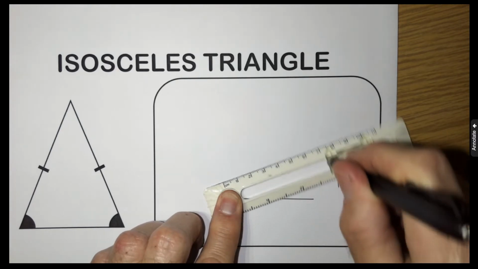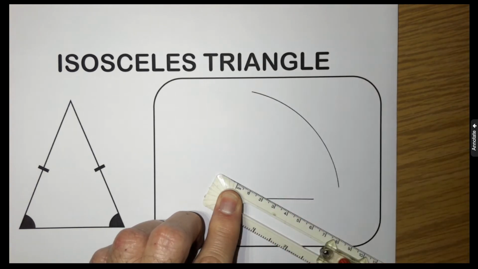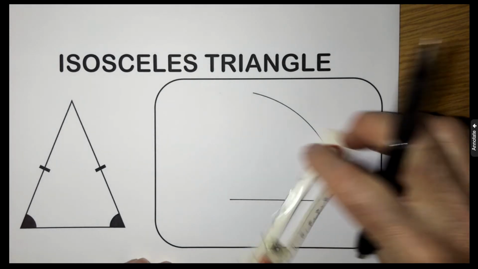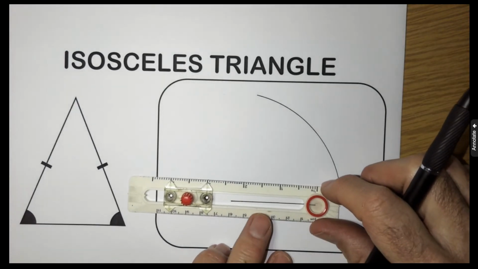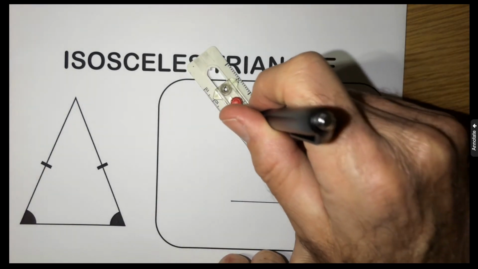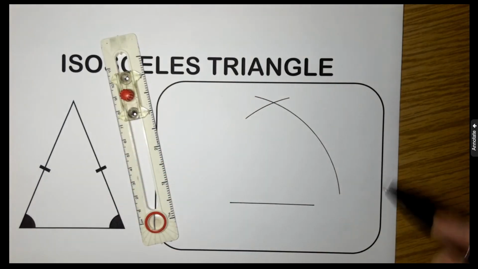So I have my pivot point lined up with one end of my line segment, and I'm going to swing an arc. The only part of the arc that I really need is this part up here where my vertex is going to be at the top. Now, without changing the size of my compass, keeping the radius the same, I put it on the opposite endpoint of my line segment, and I find out where the X is for my vertex.